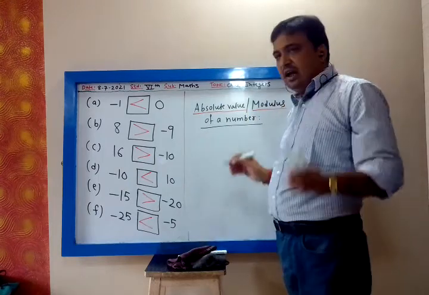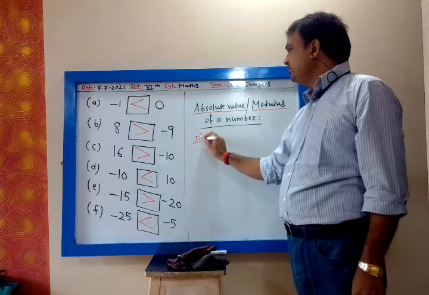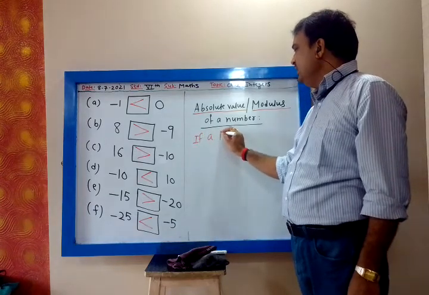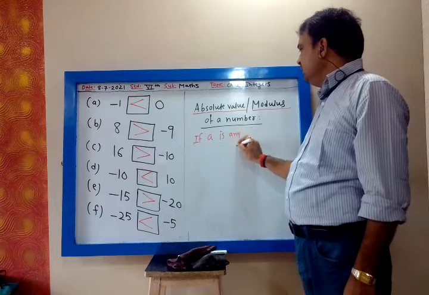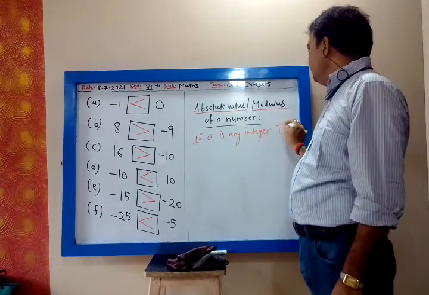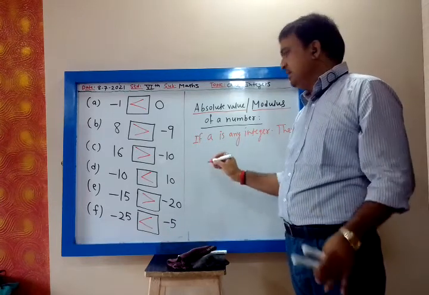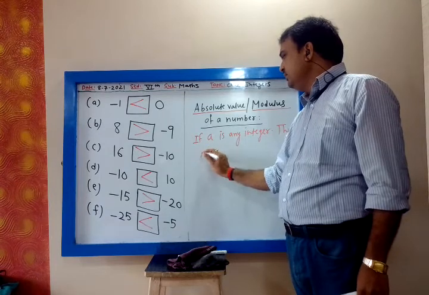So write down: if A is any integer, then its absolute value is denoted by a vertical bracket. Absolute value is denoted by two vertical brackets. It is clear, my dear.